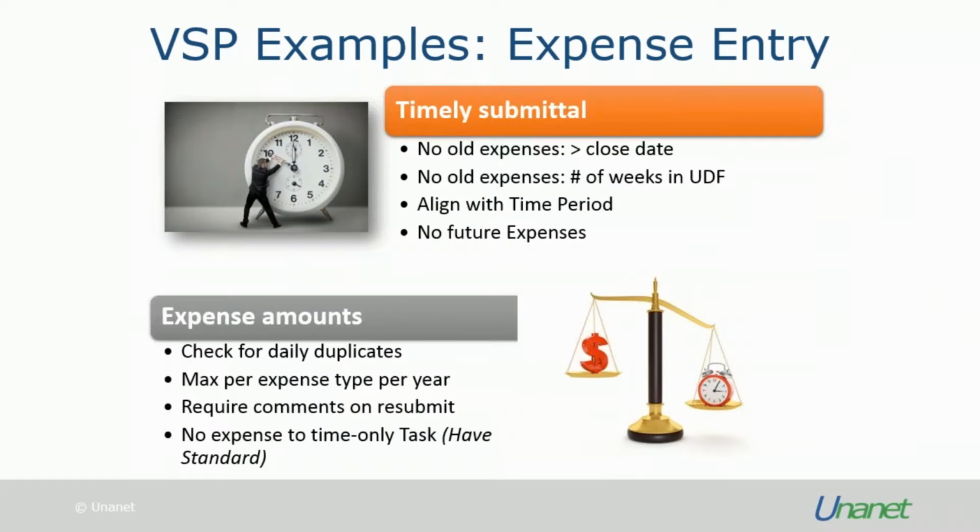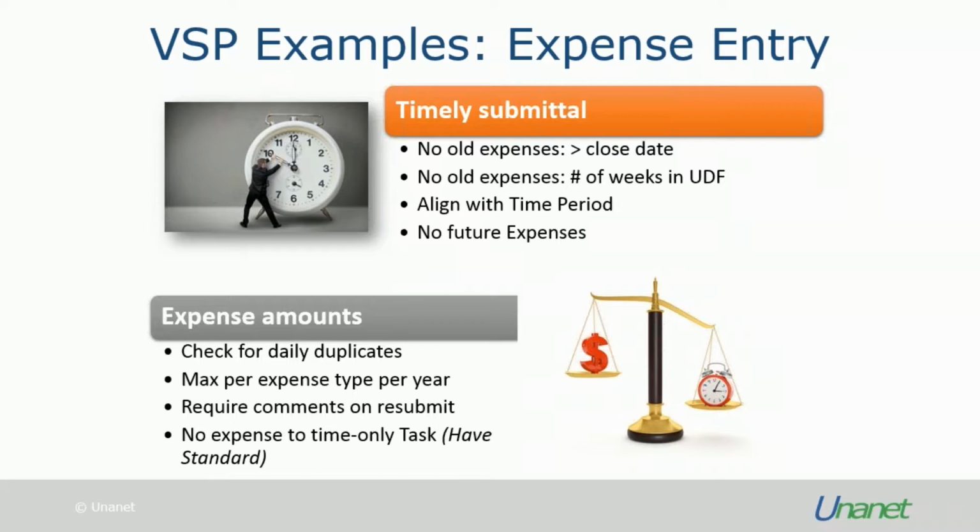Again, as I told you, we have two main areas in which we use the VSPs, time and expense. In expense, we have various options where, when a user is submitting an expense report, if your organization does not want to allow them to submit really old expense reports, like from previous years, all that information can be built into a VSP.